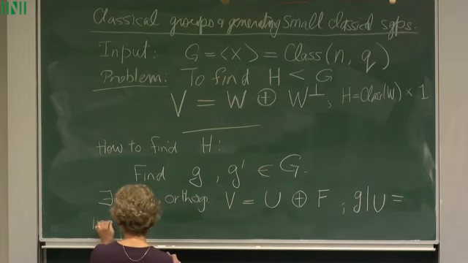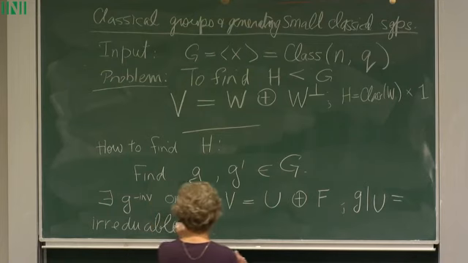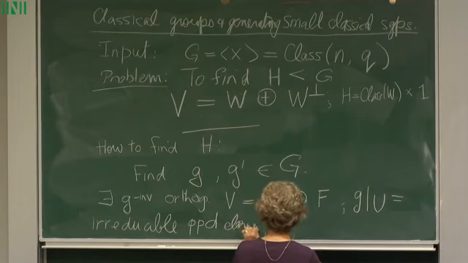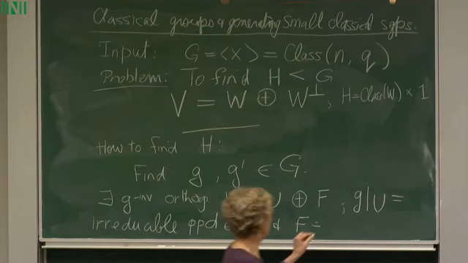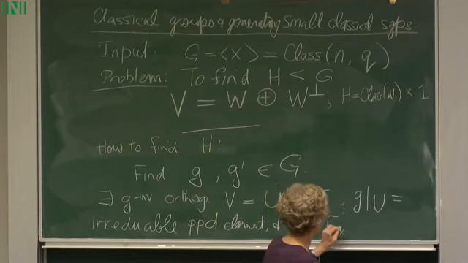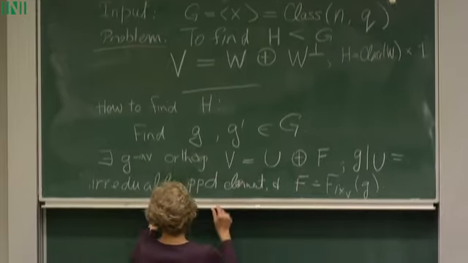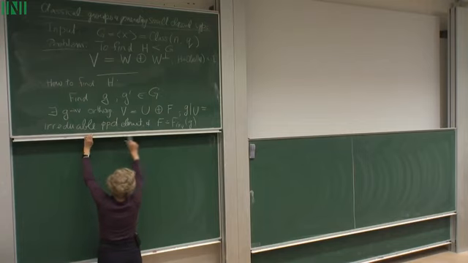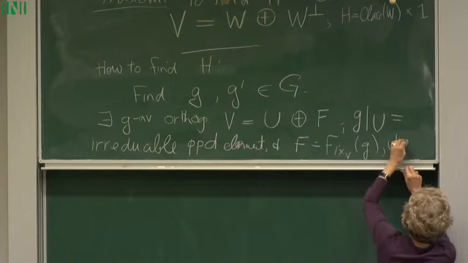I'll say what that is in a minute. And I want F to be the fixed point space of g. And I want U to be non-degenerate in the classical setting.